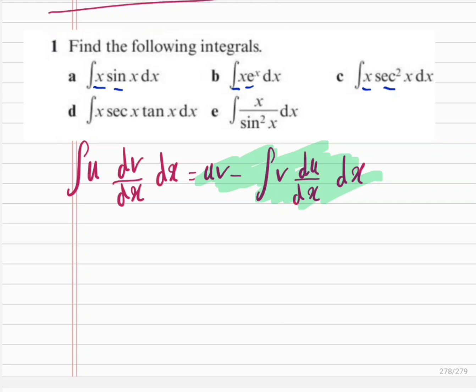So I'm going to solve an example so you get an idea of what's going on. In this video, I'm going to do part A: the integral of x times sine x dx.